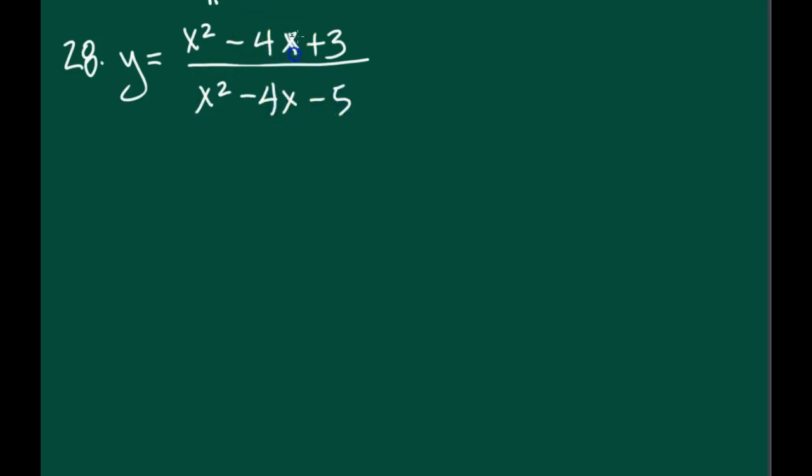Now the reason that these make a horizontal asymptote at all is that in the long run the terms of highest degree, the x squared terms, overwhelm just one factor of x and a 3.